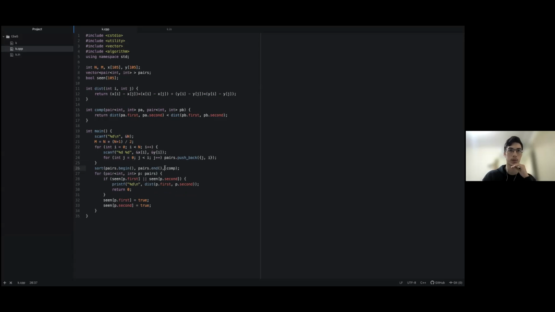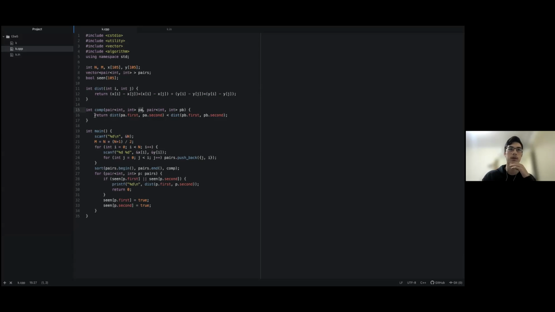To do that, we pass in a function. Normally, if you just want to sort stuff in ascending order, you do that. But if we pass in a function, it has to have this form. You can look up the C++ reference if you want to see the full details on how to set up a comparator. But it can be quite straightforward. In this case, it is. So we pass in 2 pairs because each element here is a pair.